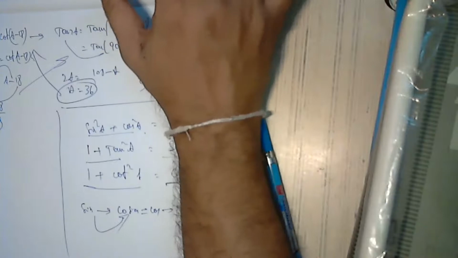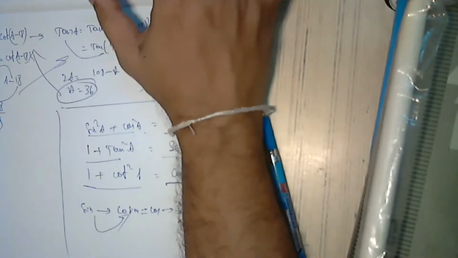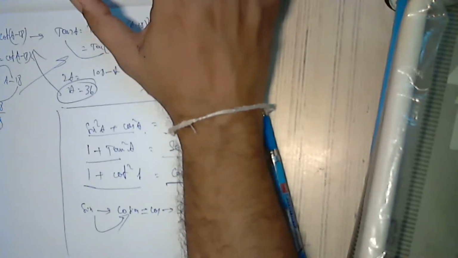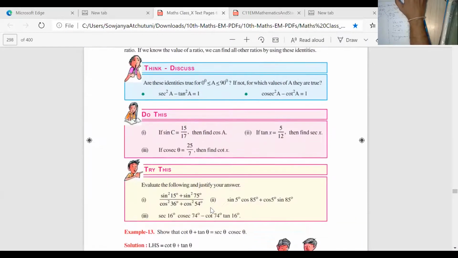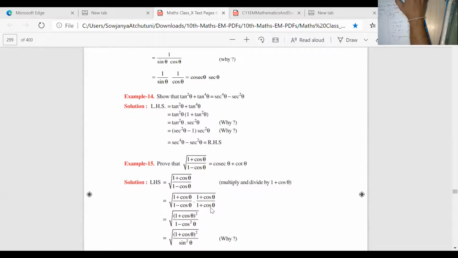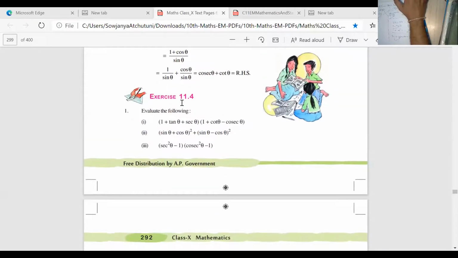Let us do an example of the next chapter, the same example on these identities. So exercise 11.4. Evaluate 1 plus tan theta plus secant theta into 1 plus cot theta minus cosecant theta.